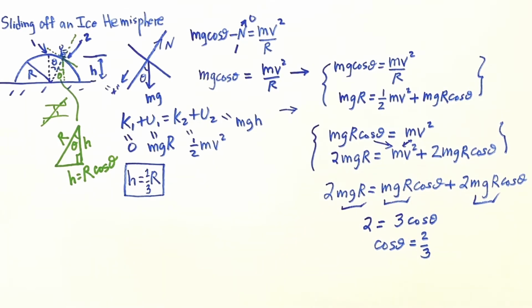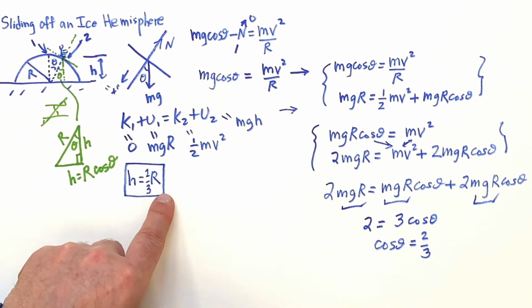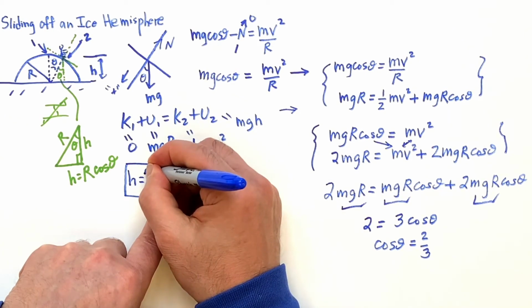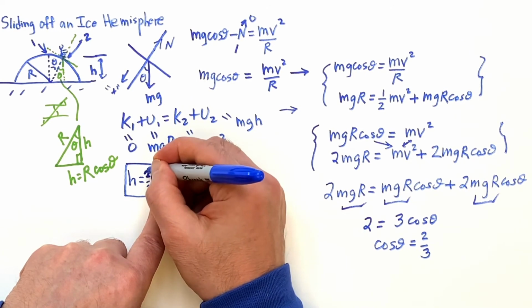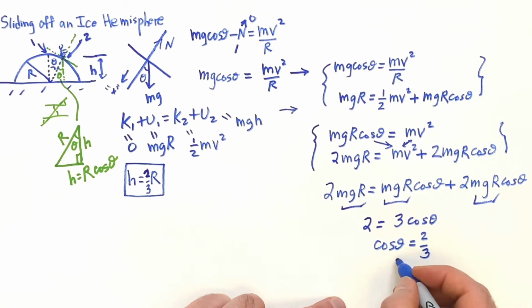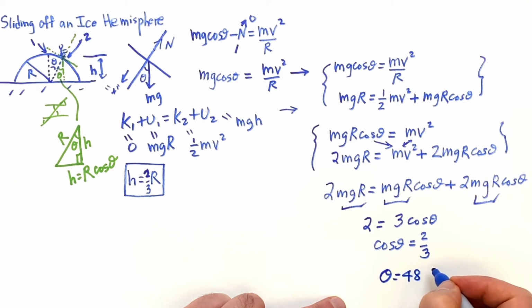And the angle doesn't depend on the radius, but the height will, of course, be determined by the radius. It's 2/3 times the radius. I'm just curious, figure out what that angle is. We can do that very easily by taking the arc cosine, and we get 48.19 degrees.